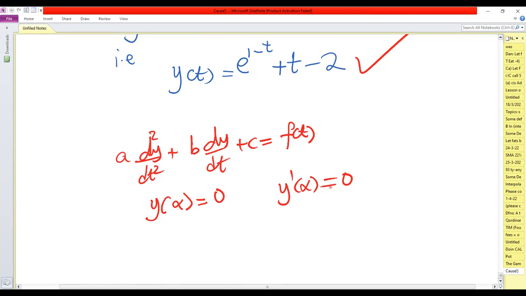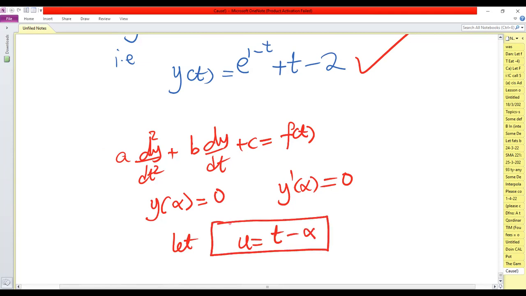When you are given such, you'll still do the same transformation, that let a new variable u be given by t minus alpha, and then proceed in the same fashion.